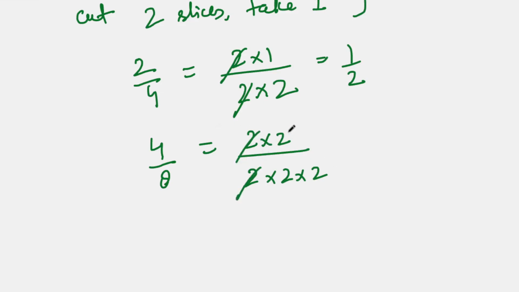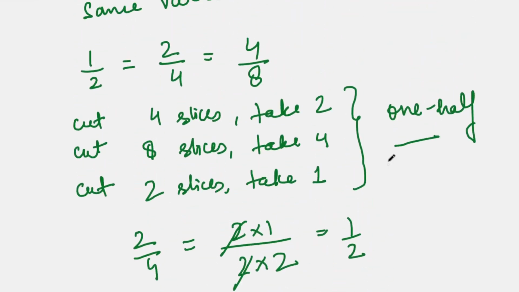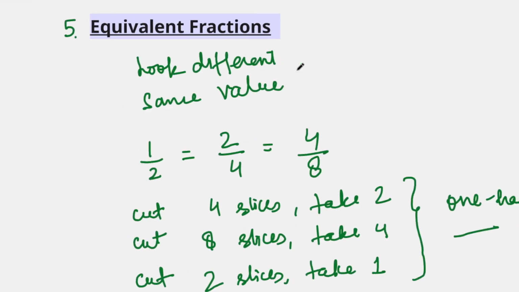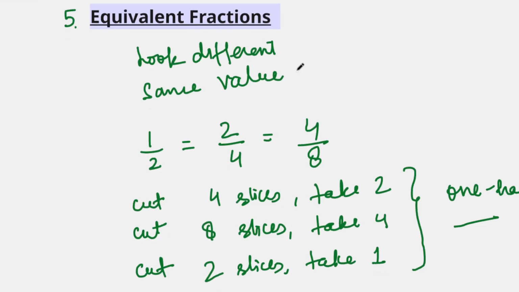This gets cancelled out, again this gets cancelled out. What do we get? We get 1 by 2. So you see, they all represent the same value, but they look different. This is what equivalent fraction is all about. I hope you are getting the essence of it.